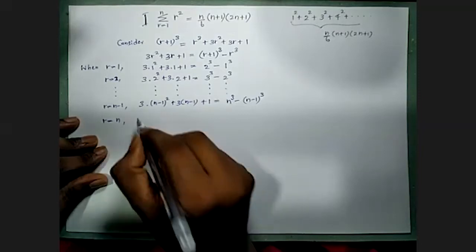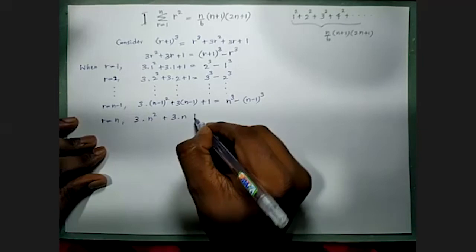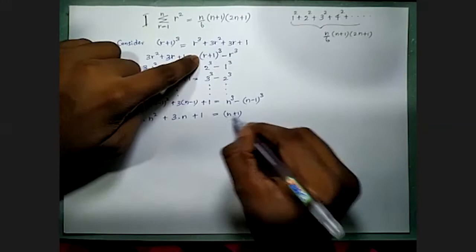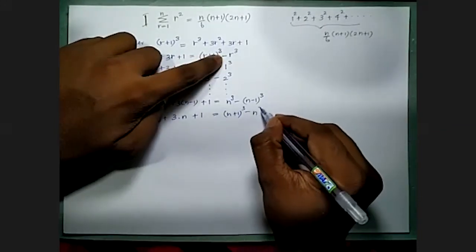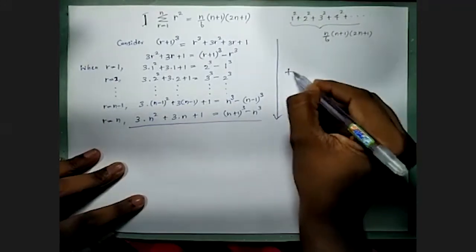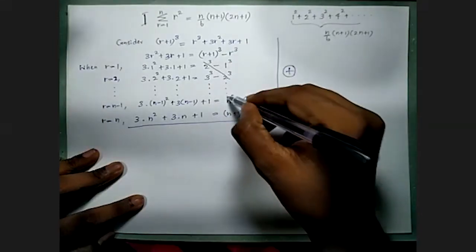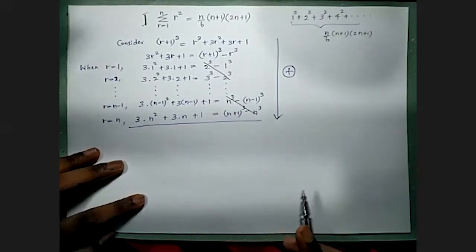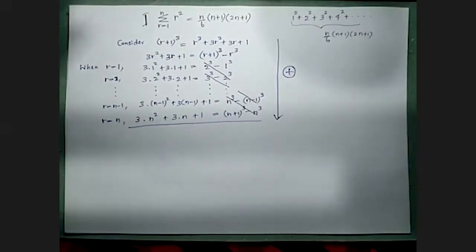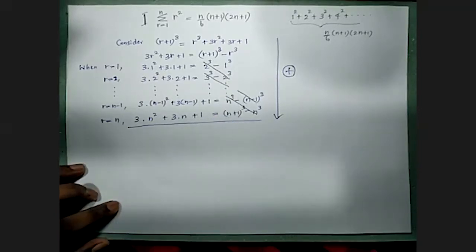Then r equals n: 3 into n square plus 3 into n plus 1 equals n plus 1 cube minus n cube. Now take the sum from the first term to the nth term. See, these two get cancelled. These two get cancelled. We can clearly identify the pattern. These terms will be cancelled. We have these two terms. Understood?